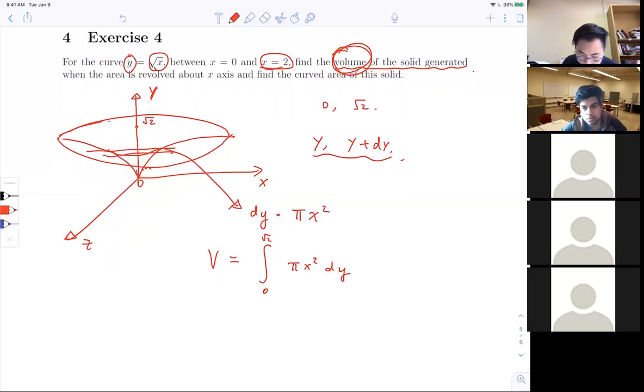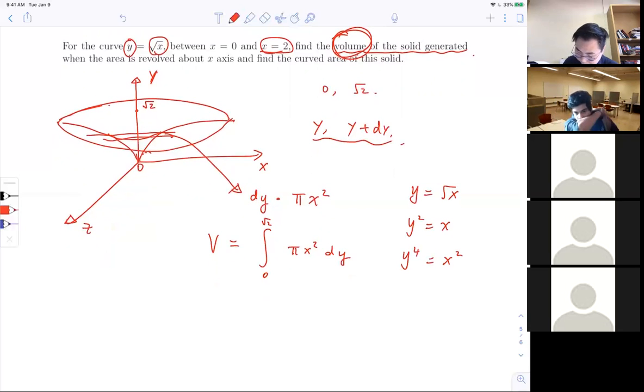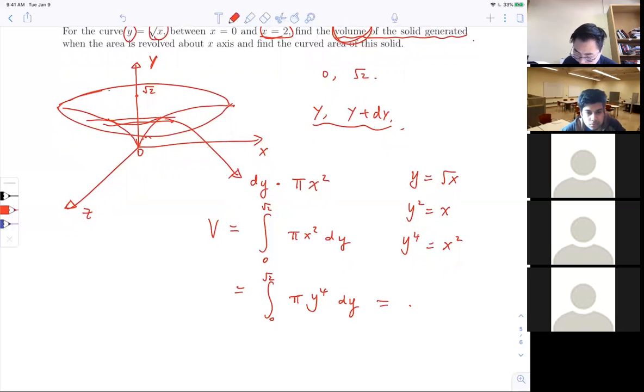And we know the relation between x and y. y equals square root of x, meaning pi y to the fourth dy. And then you can do this integral.